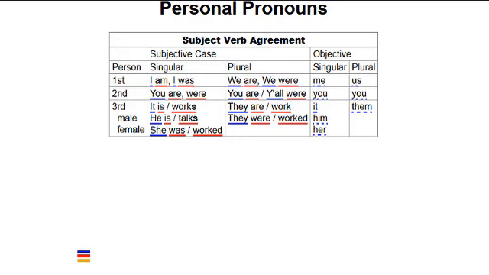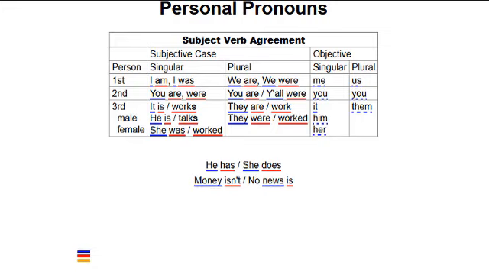But we say, it is, he talks, and she works. All irregular present tense verbs must also end with an S to combine with a third person singular subject. He has, she does.